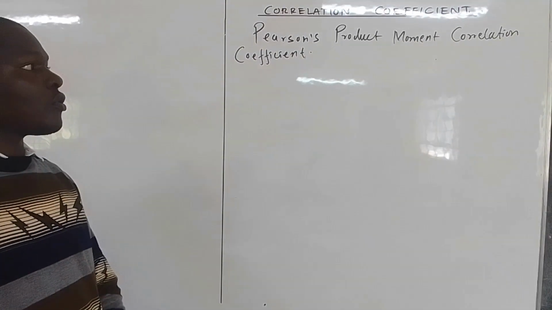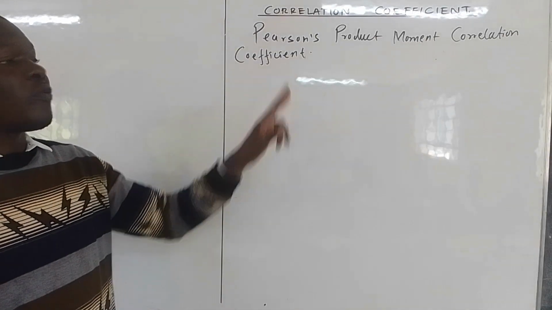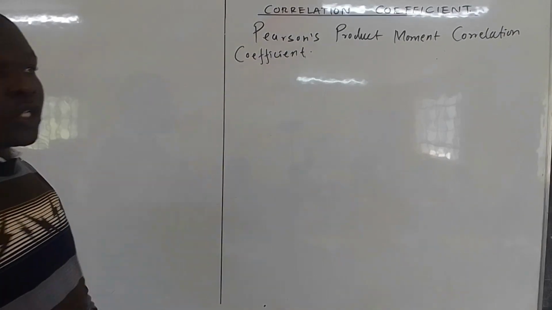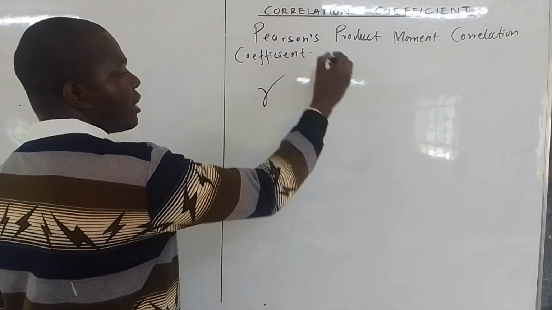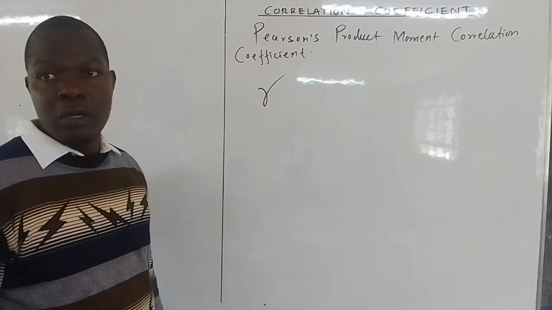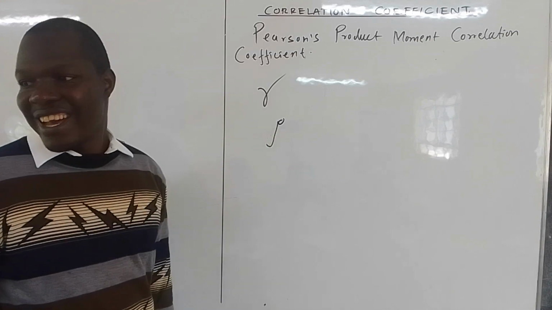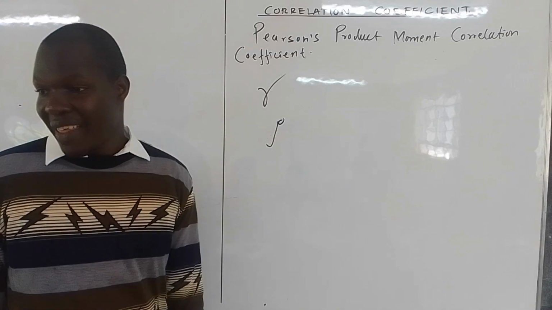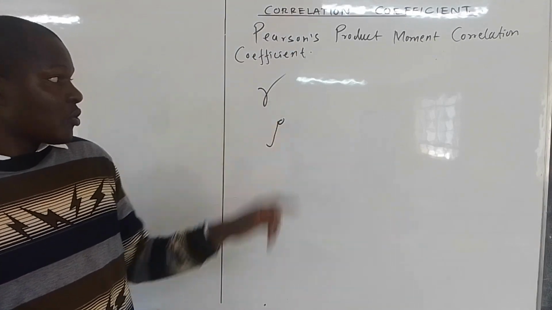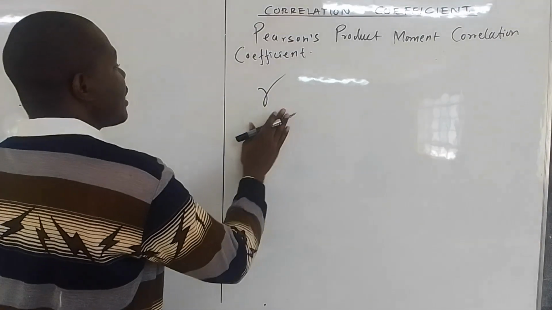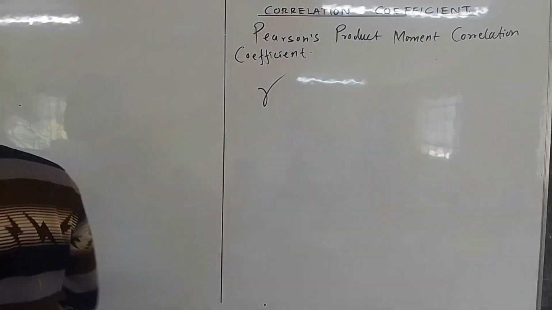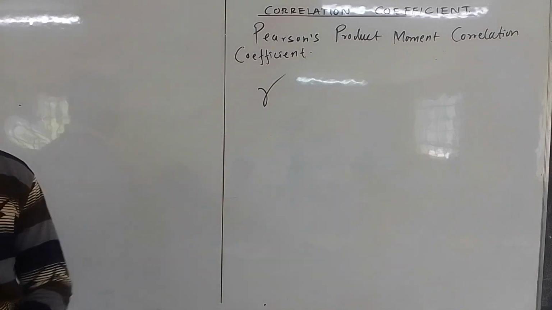The Pearson's product moment correlation coefficient is denoted by rho. You can use that.